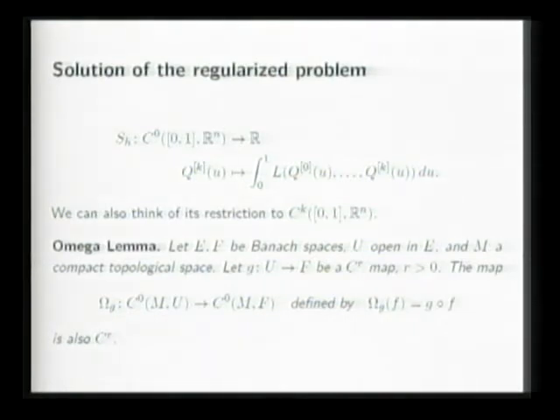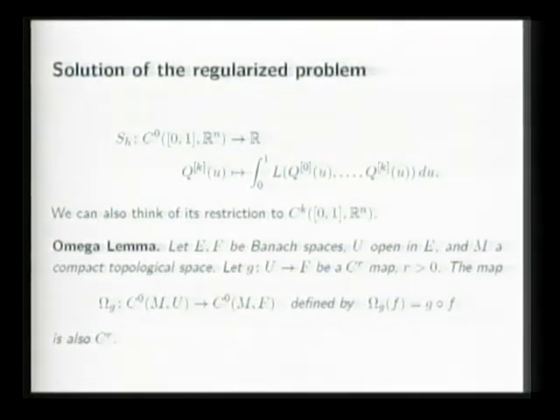So there's the omega lemma, which says that if you have a map from a Banach space to another one, which is CR, then composition on the left with that map is a CR map from continuous functions from some compact space M to U to continuous functions from the same compact space to F. The compact space here M is our interval 0, 1.